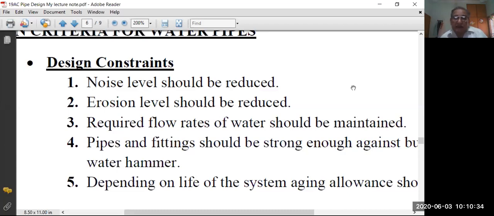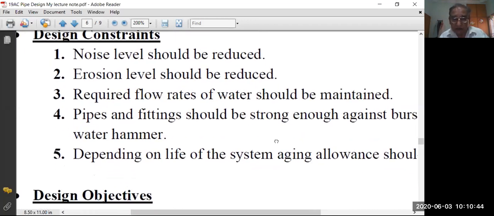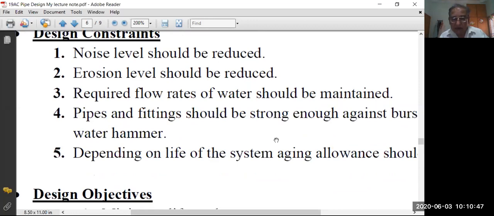For example, noise: the requirement is that the noise level should be reduced, and the erosion level should be reduced. This means velocity should be reduced. But when you reduce velocity, then friction will be increased. So the required flow rates of the water should be maintained.